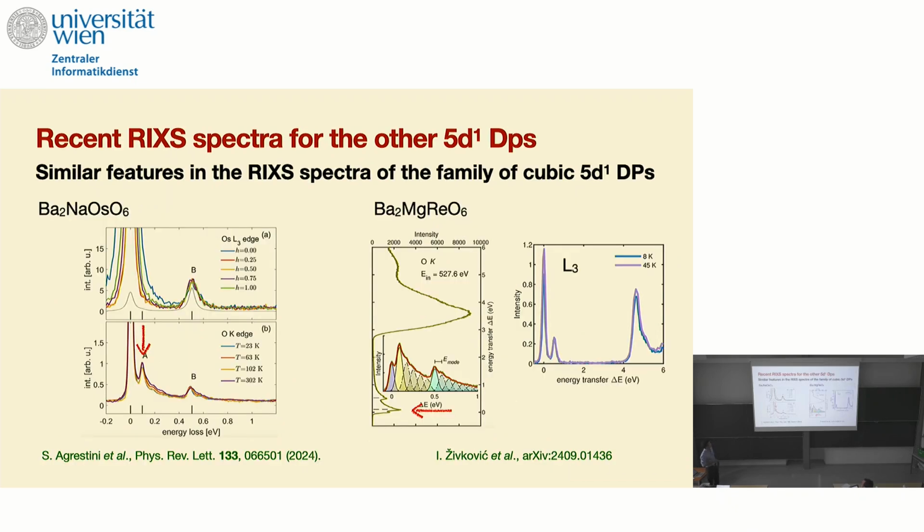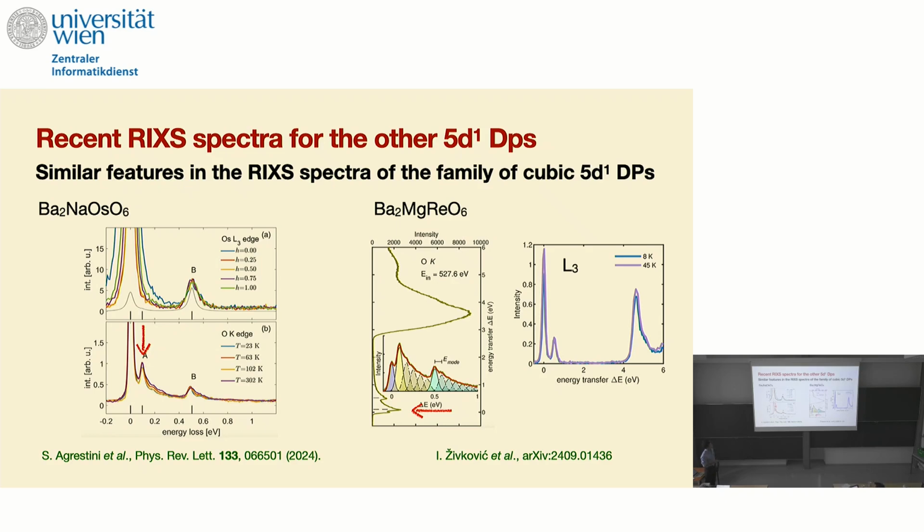And such a feature appears in many compounds, like osmium compounds and also magnesium rhenium compounds. This is above the transition temperature, but this group, Stefano, obtained such a peak.